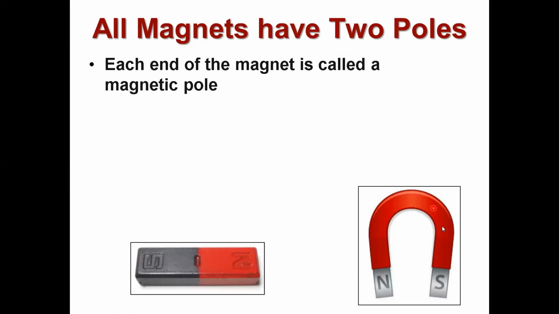If you have a U-shaped magnet, at the ends we have the north and the south. Each end of a magnet is called a magnetic pole, and each magnet must have two poles.